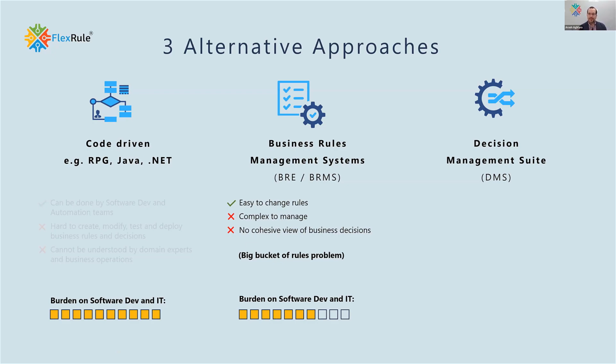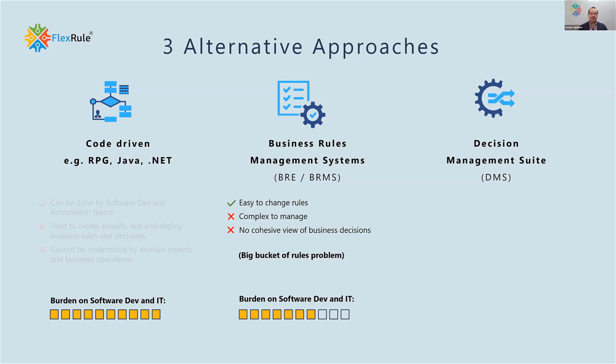It becomes too complex, and to manage this complexity in a business rules management system, you will have something like rule labeling, rule tagging, rule grouping, different things to identify what this rule in this system is going to do. Because when you focus on rules, you lose the context of the decision. And they are too granular and too small and have too many details around them. And this is a significant drawback of business rules management system.